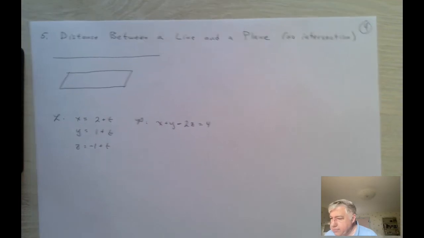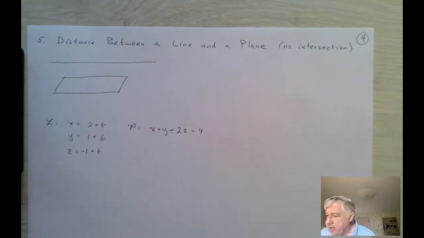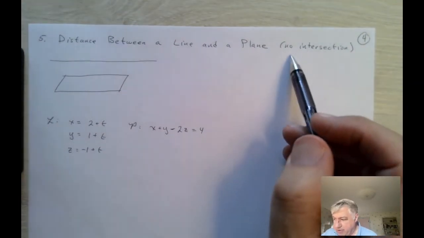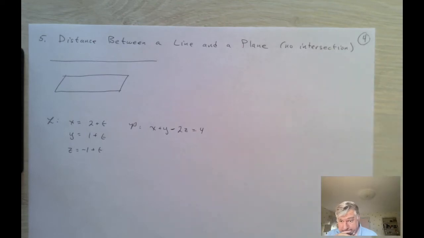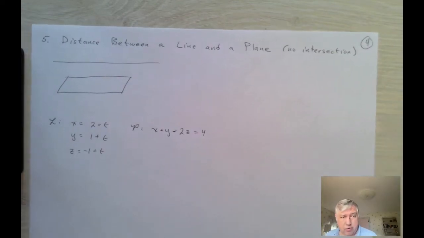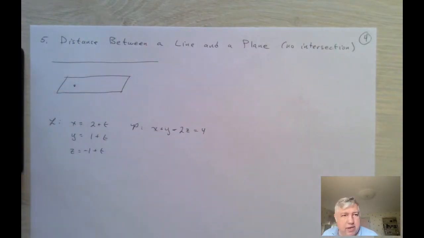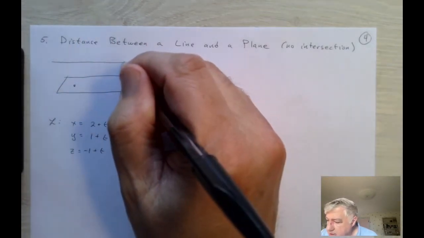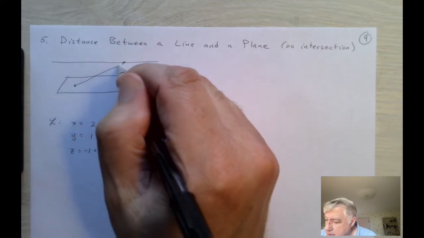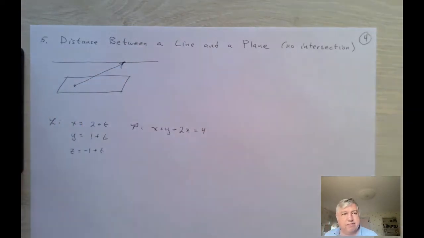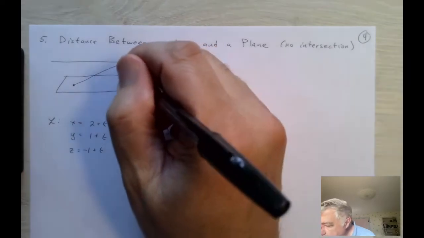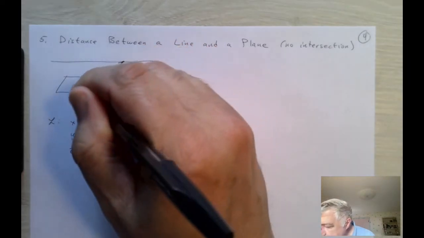All right. So the distance between a line and a plane, again, in the case where there's no intersection, and again, we're talking about the shortest distance. The way we do this, once again, we just need to find a point on the plane, a point on the line, draw the vector connecting them, and then use the projection as our distance.